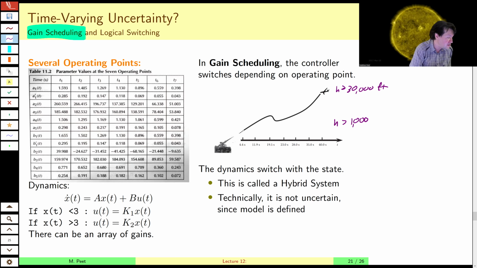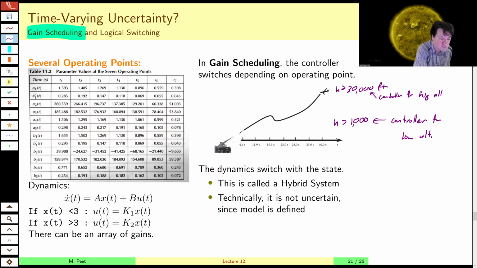And so a typical approach then is to design a different controller, like a controller for low altitude, and a controller for high altitude. And then you switch between them when you get to, say, h equals 10,000 feet or something like that.